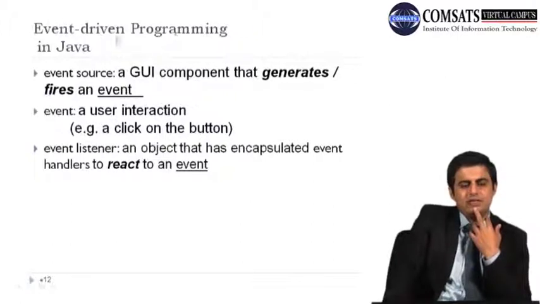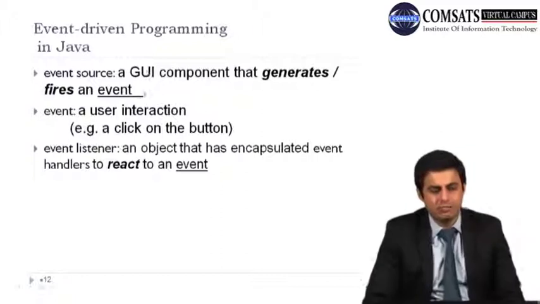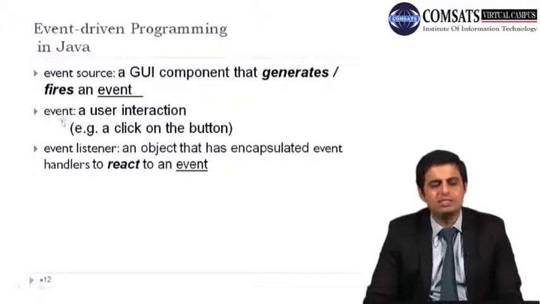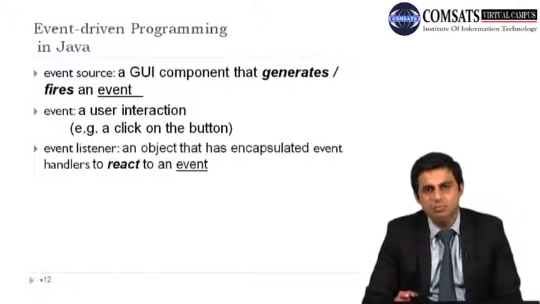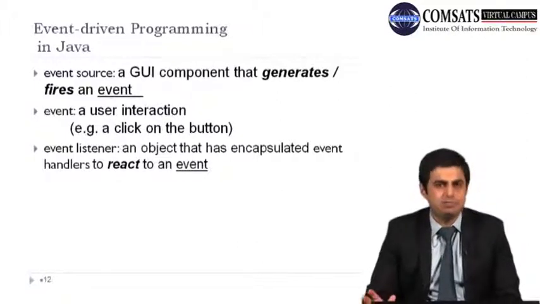In event-driven programming in Java, the event source is a GUI component that generates, or fires, an event. The event is a user interaction, for example a click on the button, moving the mouse, a right click on the button, or a right click in a text box.